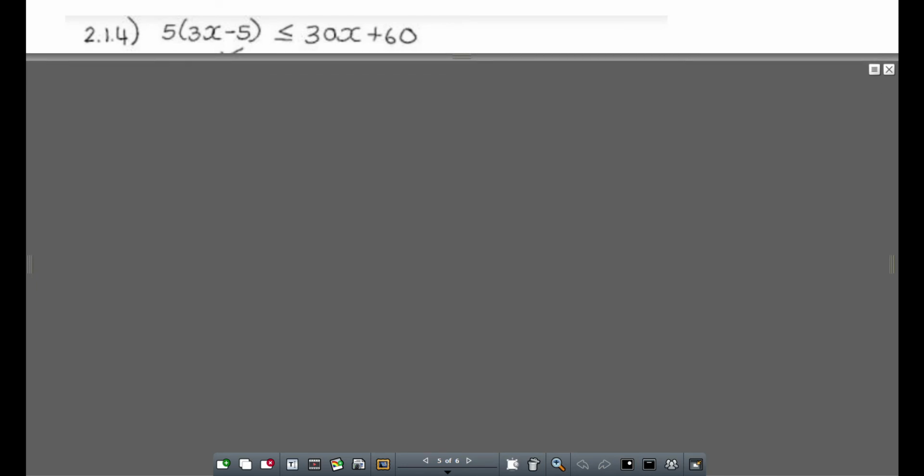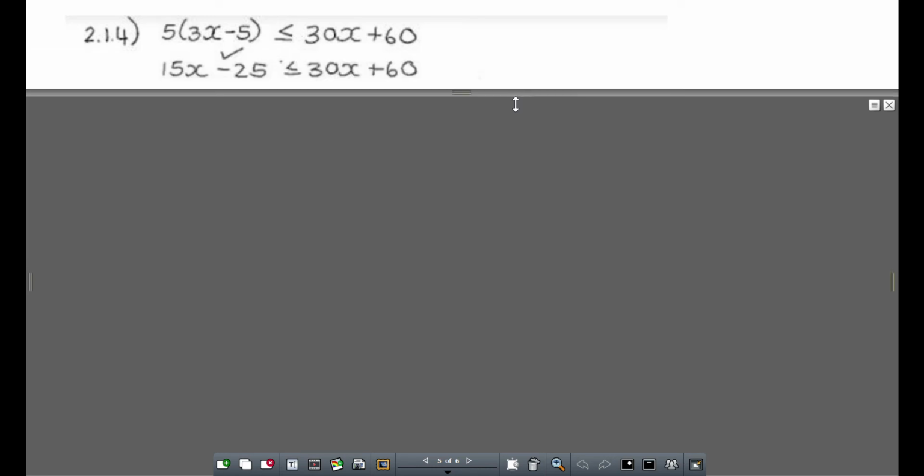2.1.4. Nou, in plaas van 'n is gelyk aan, het ons 'n kleiner as en gelyk aan teken. Now the main thing here, and if you don't know it, of as jy dit dalk vergeet het, maak vir jouself daar 'n notaatjie.